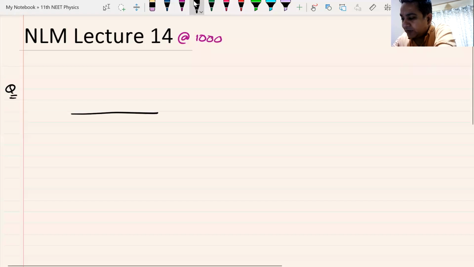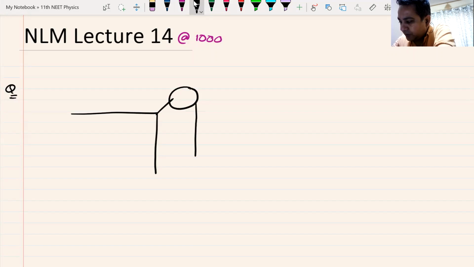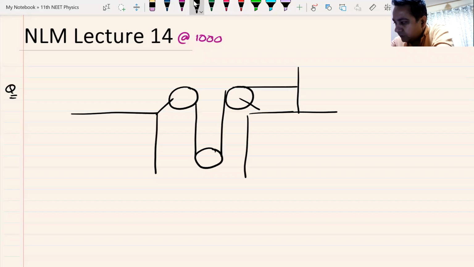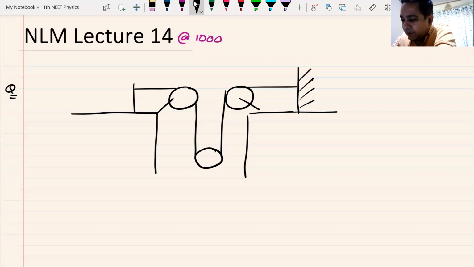I think the question was like this. There was one pulley here, one pulley here, one pulley here. Then there was this wall. There was this block, block one.